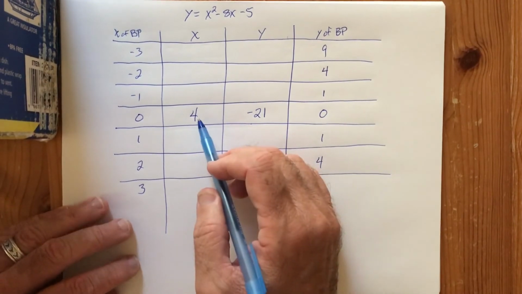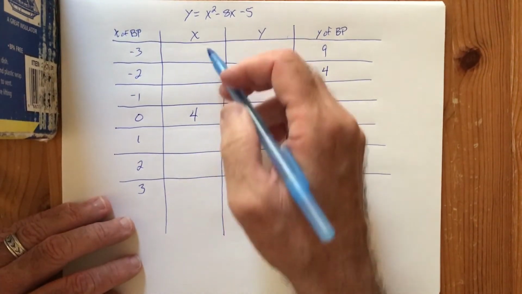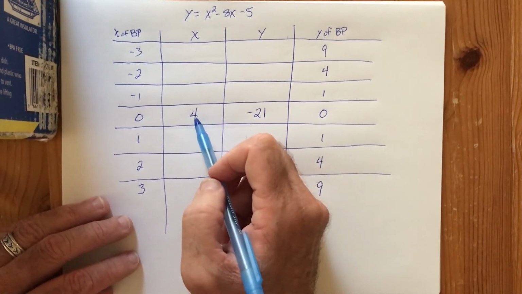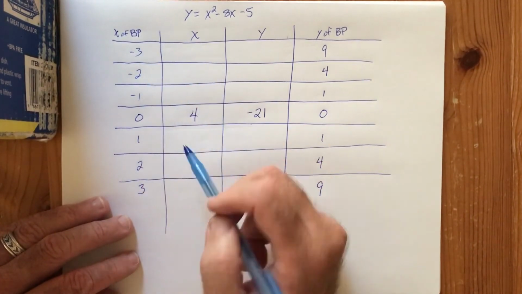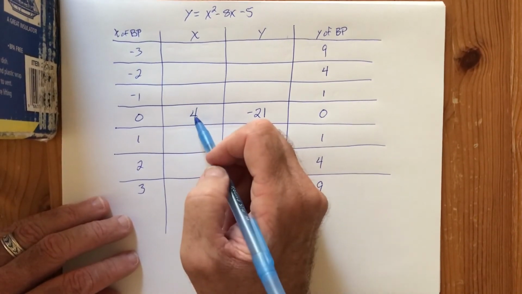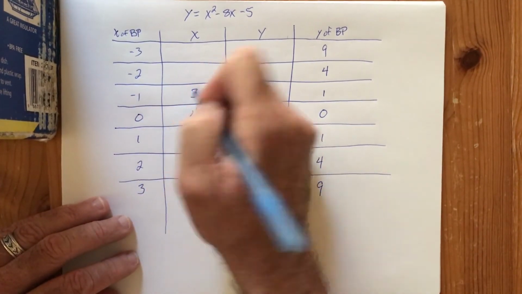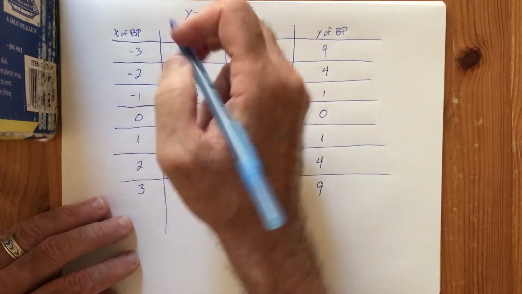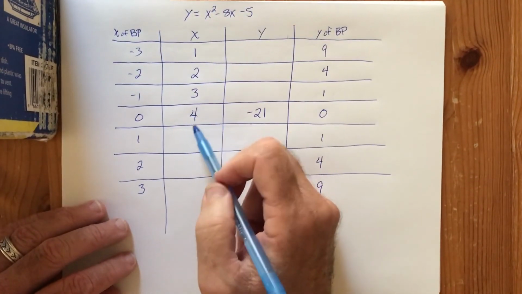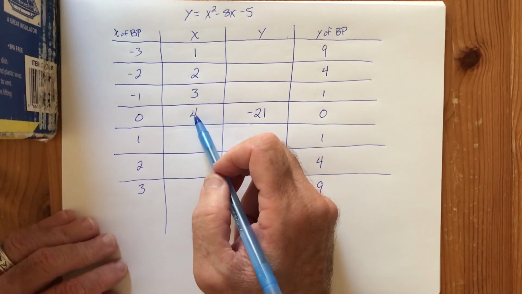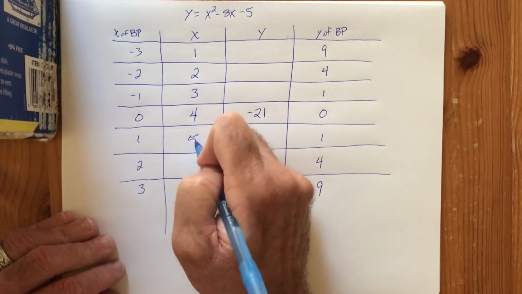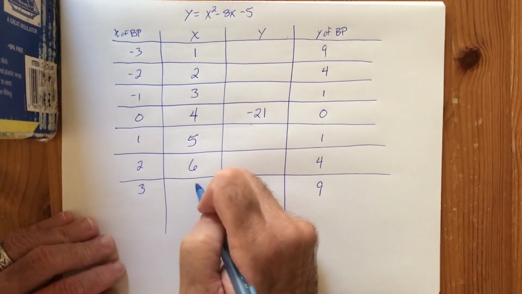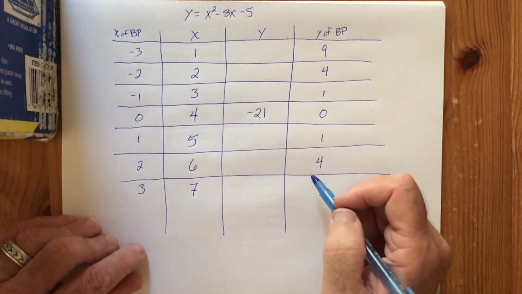Now, to get the x coordinates of all the points that we're going to plot on our parabola, we're just going to add this number 4 to each of the x values of the basic parabola. So 4 plus negative 1 is 3, 4 plus negative 2 is 2, and 4 plus negative 3 is 1. And then we're going to do the same thing in the opposite direction. 4 plus 1 is 5, 4 plus 2 is 6, and 4 plus 3 is 7.